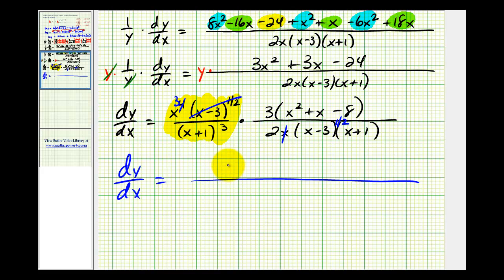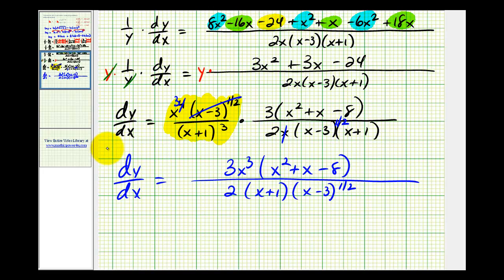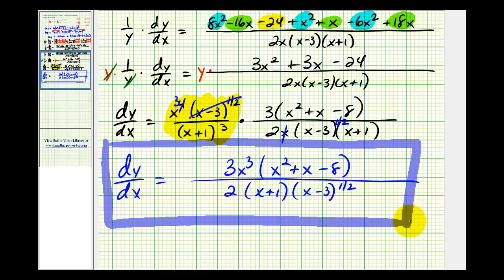So we'll have 3x cubed times our trinomial. Our denominator is going to be 2 times 4 factors of x plus 1 and the quantity x minus 3 to the 1/2 power. So you can see this one was quite a bit of work, but this would be our derivative function by performing logarithmic differentiation. I hope this was helpful.